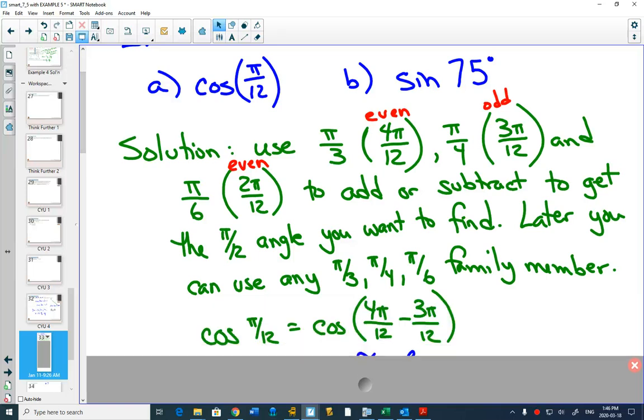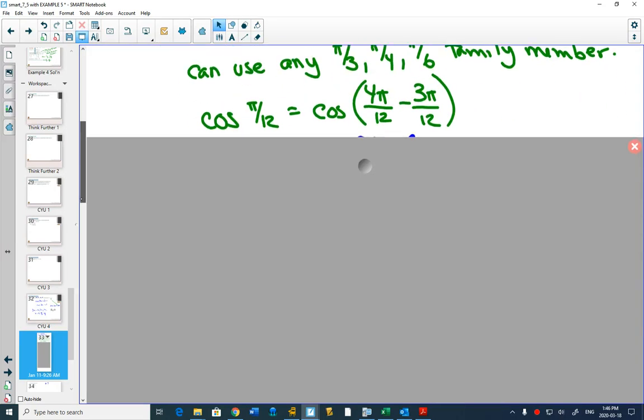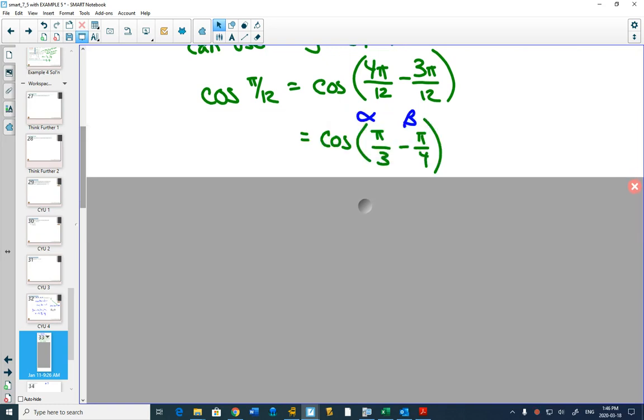So I chose 4 pi over 12 minus 3 pi over 12, which, when simplified, is pi over 3 minus pi over 4.